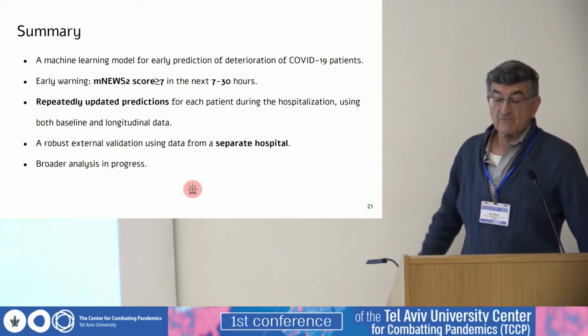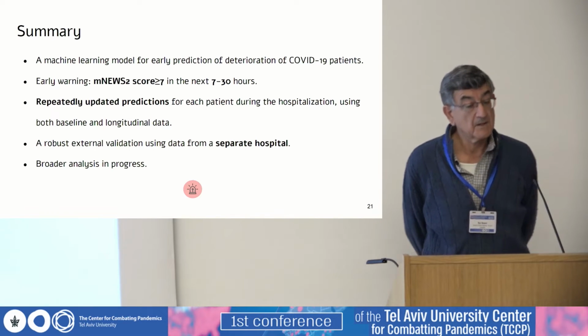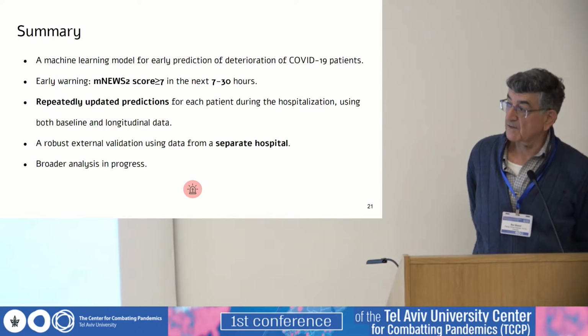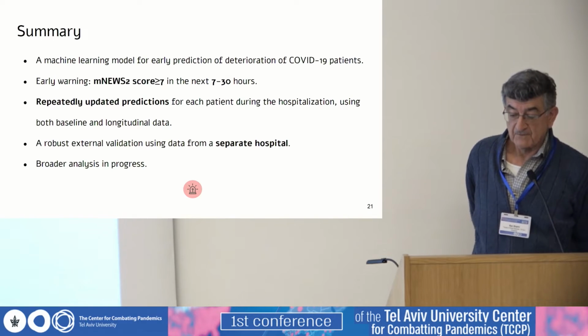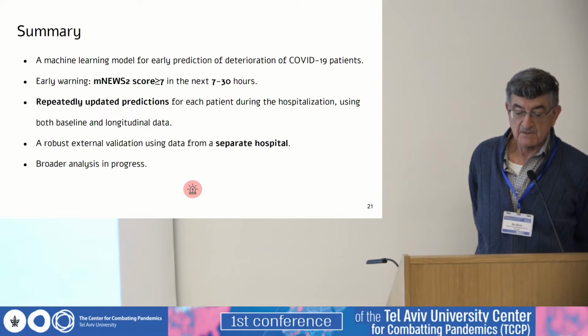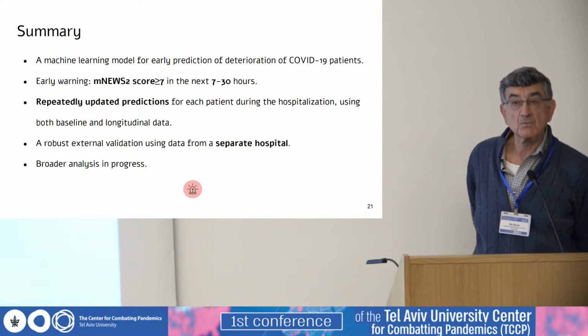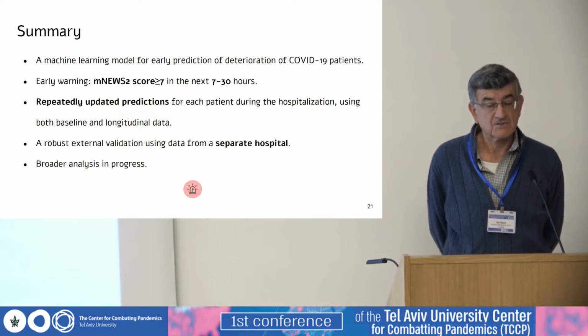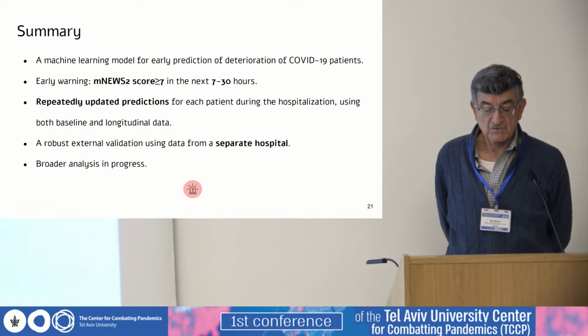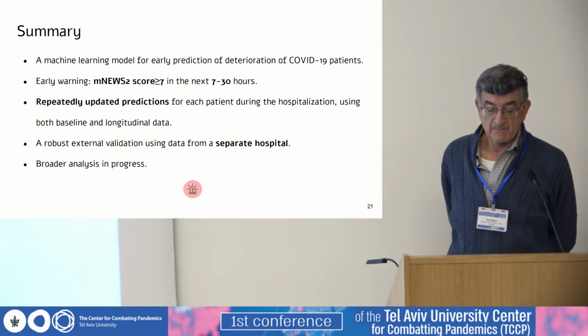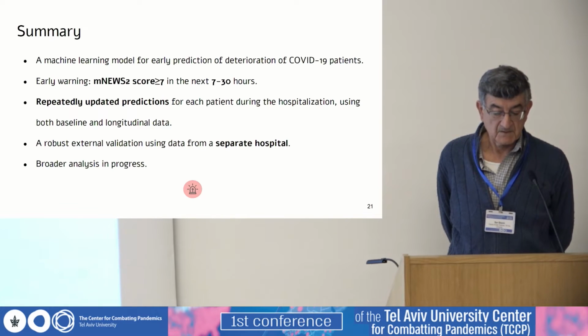Summing up, we developed a machine learning model for the early prediction of deterioration of corona inpatients. The early warning tries to predict at least 7 hours and up to 30 hours in advance those patients who will have an MNU score equal or above 7.